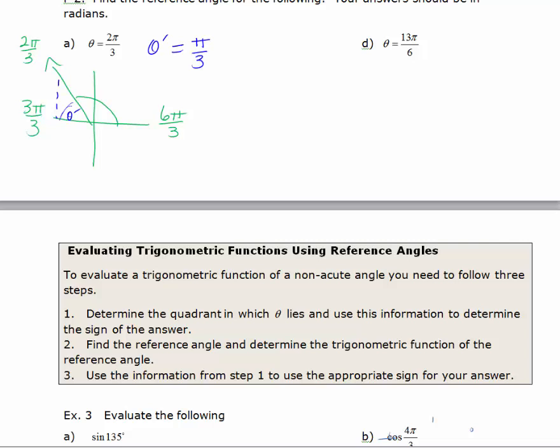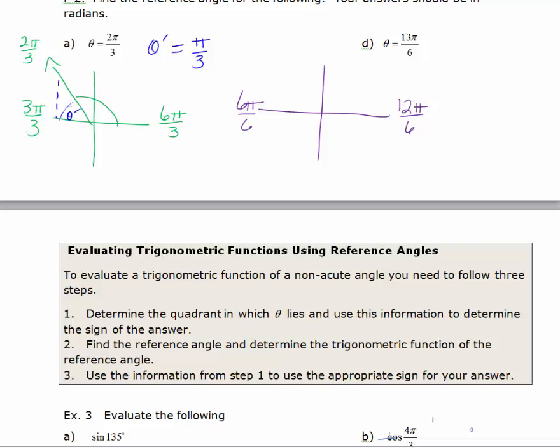So for 13 pi over 6, I'm going to break up the circle, and this time for pi I'm going to rewrite it as 6 pi over 6 because of the denominator of 6, and I would make this 12 pi over 6, which is equal to 2 pi. This helps us set up where this angle is going to fall.